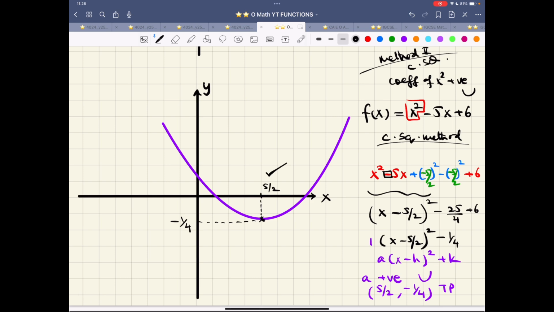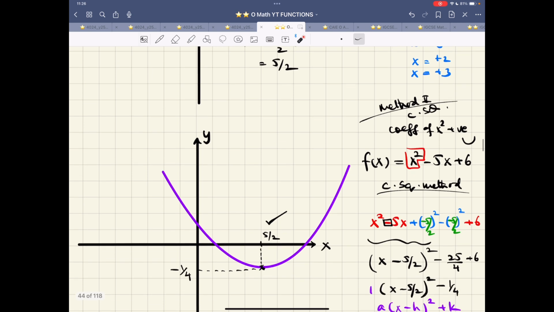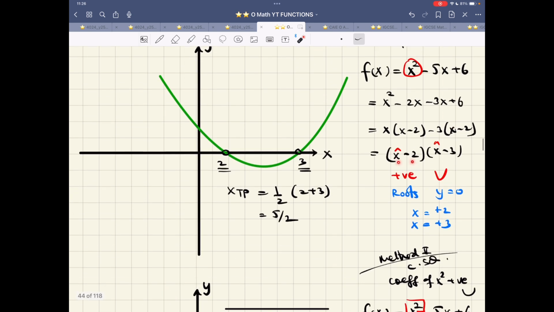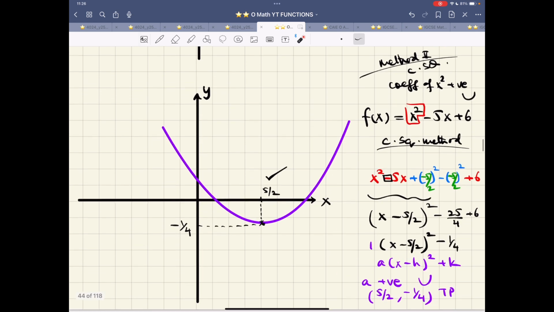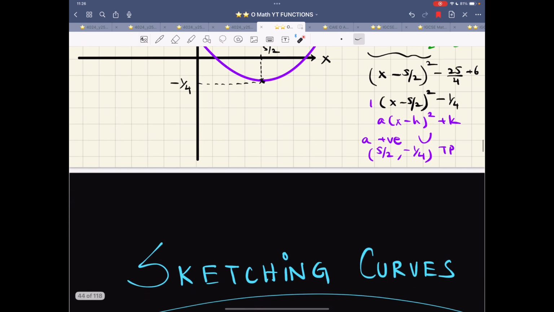And of course you can even double check more by plugging this in the original equation. So over here 5 over 2 minus 2, that is positive half, 5 over 2 minus 3, this is negative half, that is minus 1/4, so that is also confirmed.